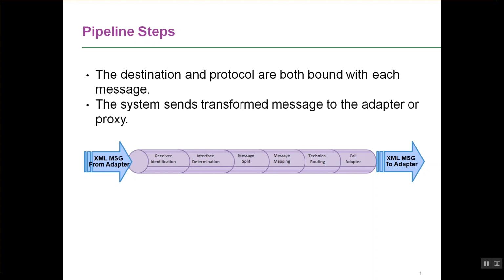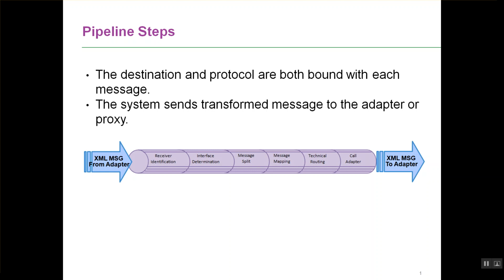Yeah, so the first thing that we will look at is what are the pipeline steps of PI. If you remember the file-to-file scenario, in the integration directory, the objects that we created were a sender agreement, a receiver determination, an interface determination, and a receiver agreement, right?